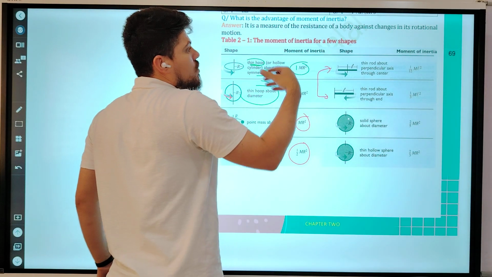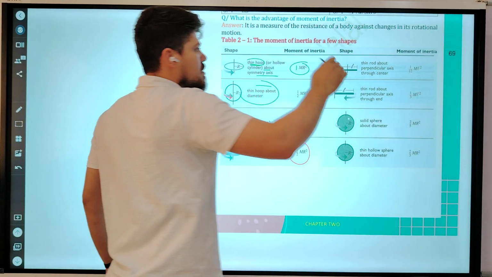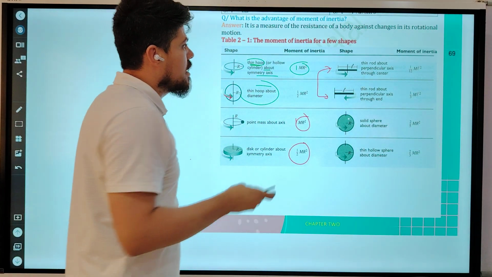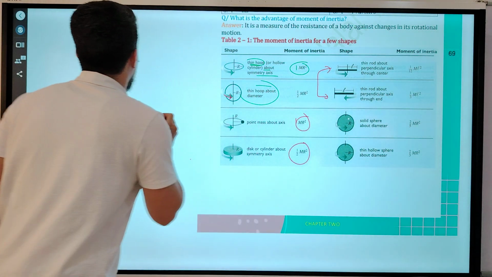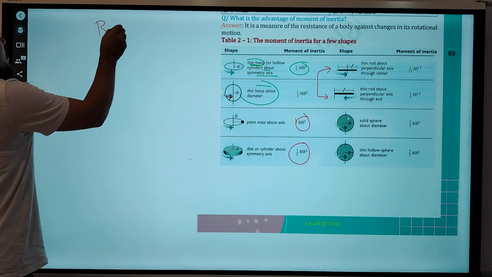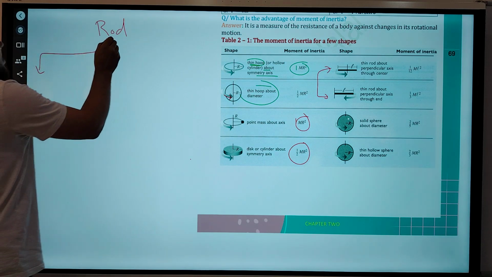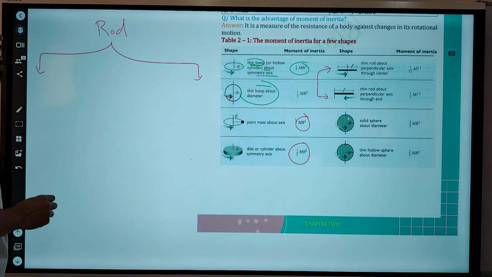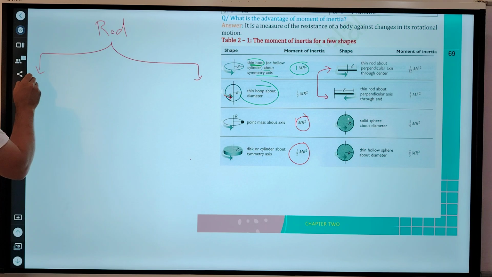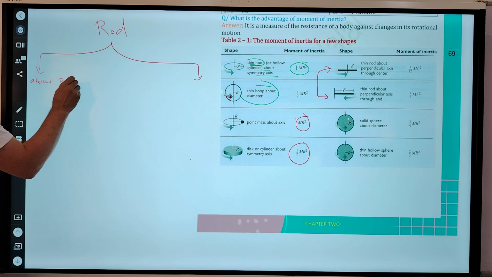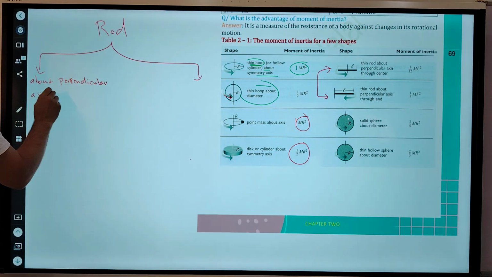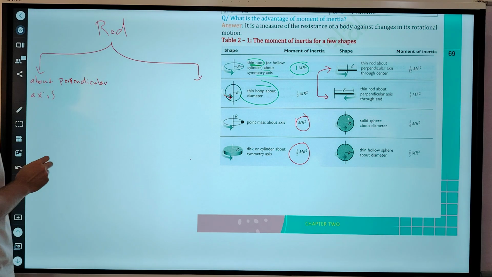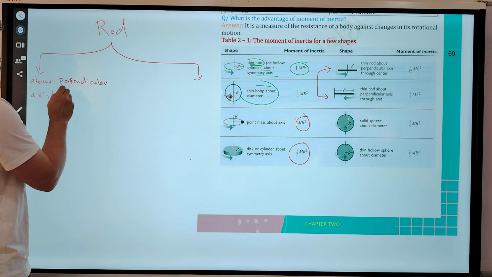This is about the stick or rod. Thin rod, such as a bat or stick, about a perpendicular axis through the center. Okay, so we have two types of rod. The first one, about a perpendicular axis through the center.